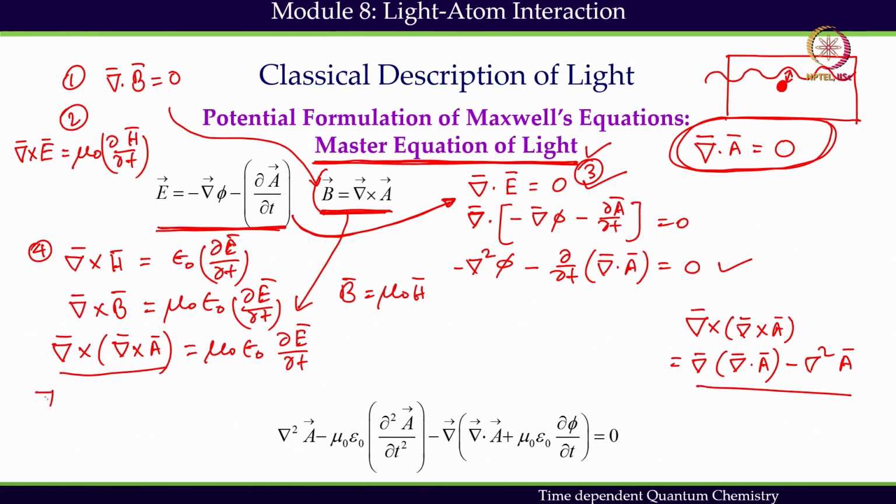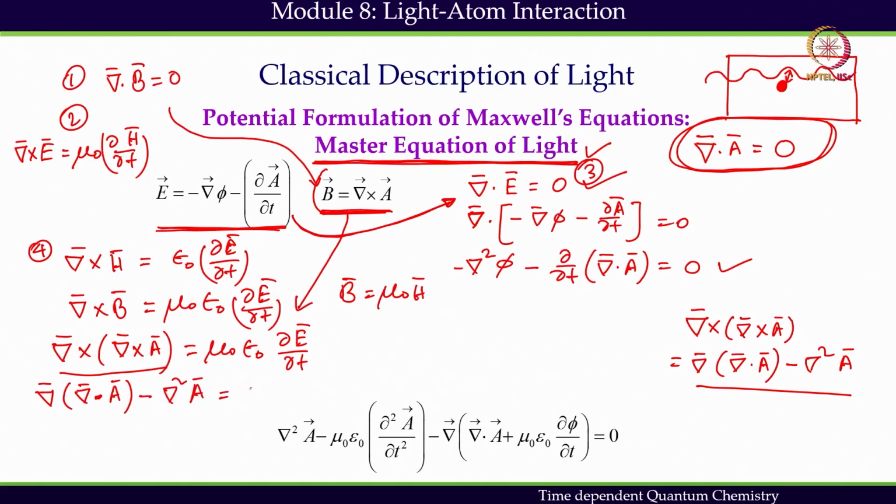I can write this as the gradient of this dot product. This dot product is a scalar quantity, and when the del operator acts on a scalar quantity, it is called the gradient. So I have the gradient of this dot product minus the del square operator acting on A.